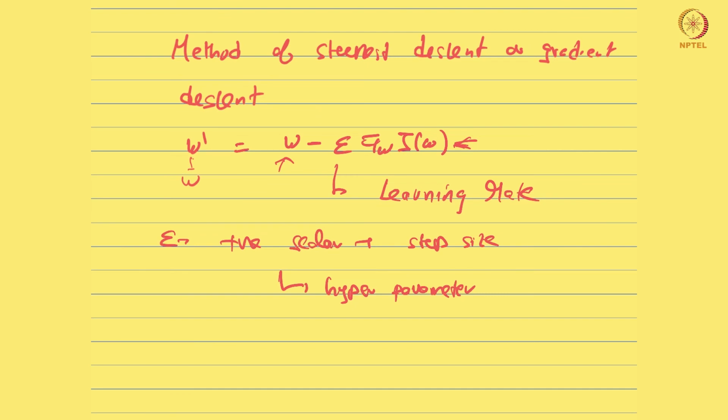Okay, so this is gradient descent. Now what we want to do for real-time learning is something called stochastic gradient descent. We'll just briefly look at what it does. But before we go any further, this is epsilon.